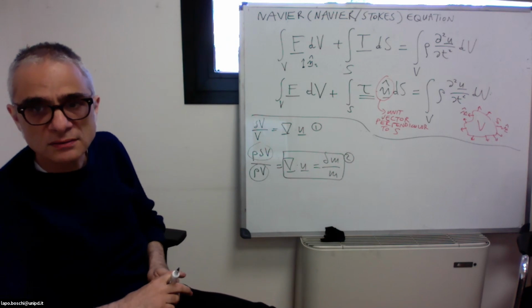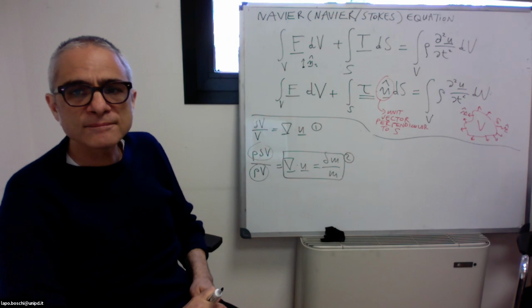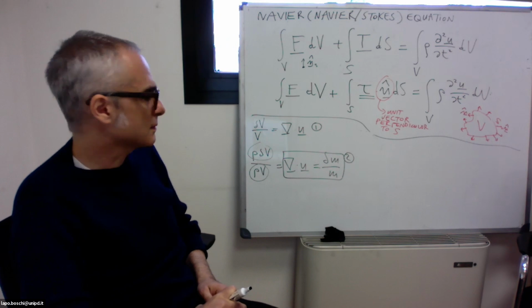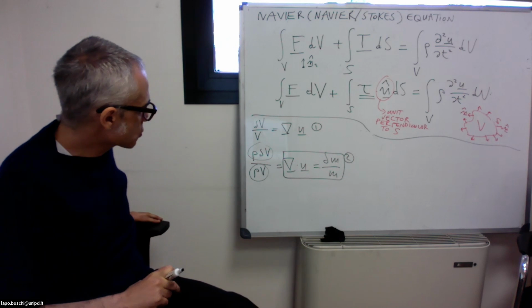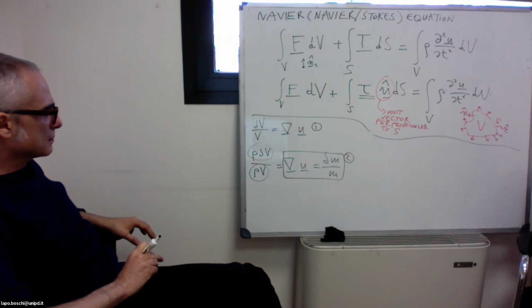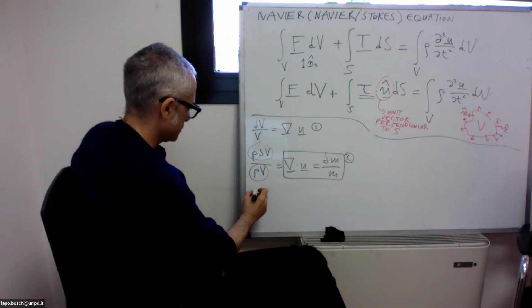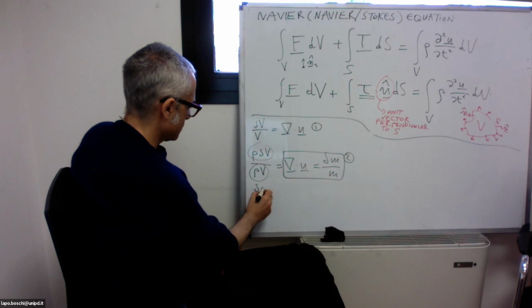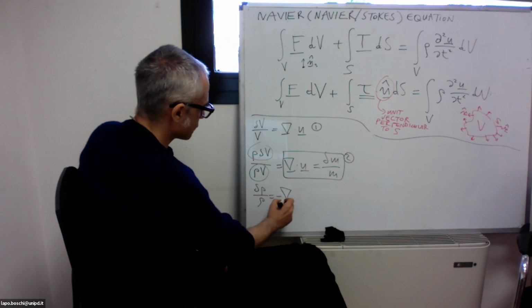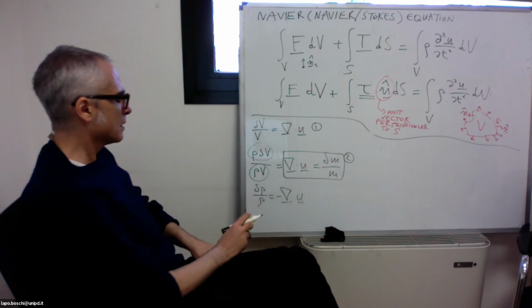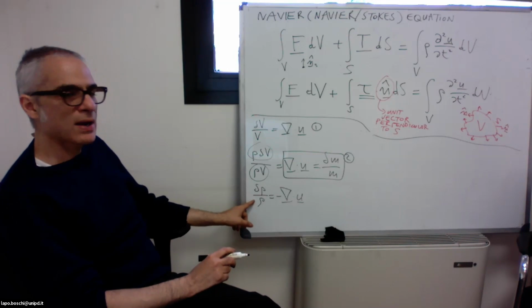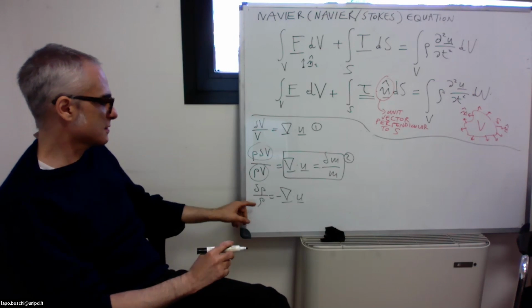This is the second. And then I've also shown you that minus the divergence is equal to a relative change in density.